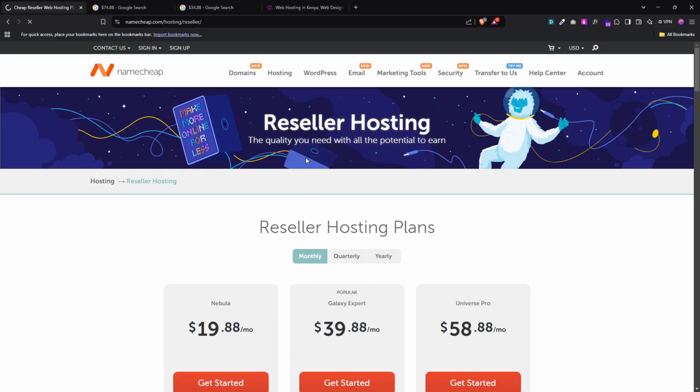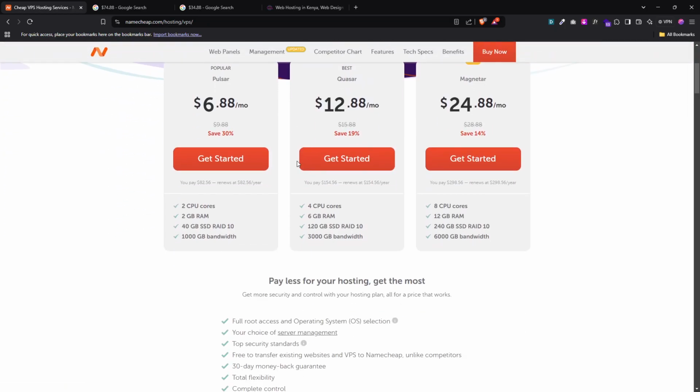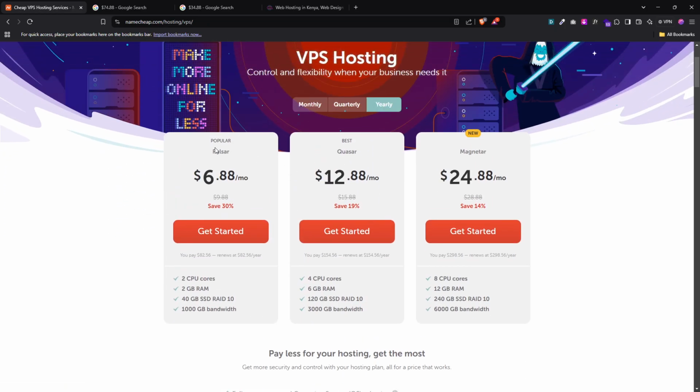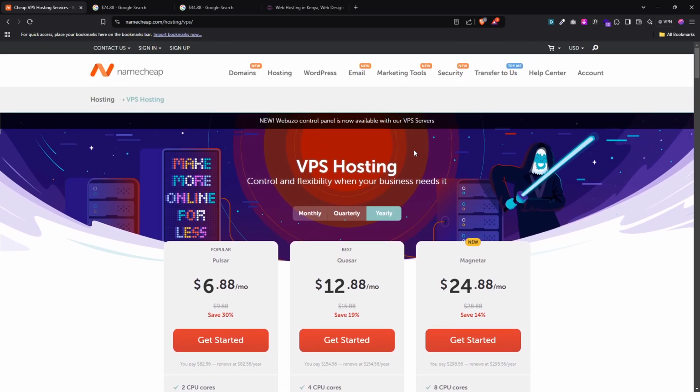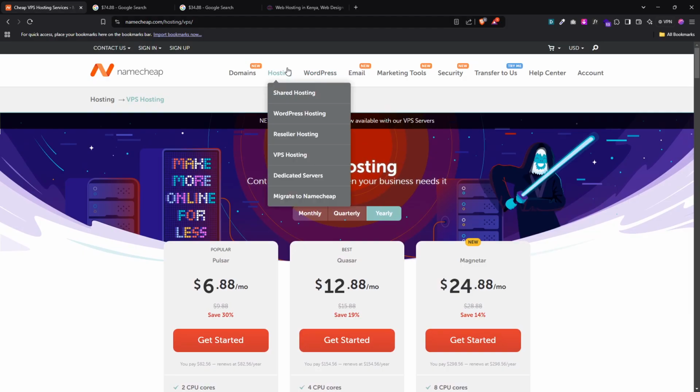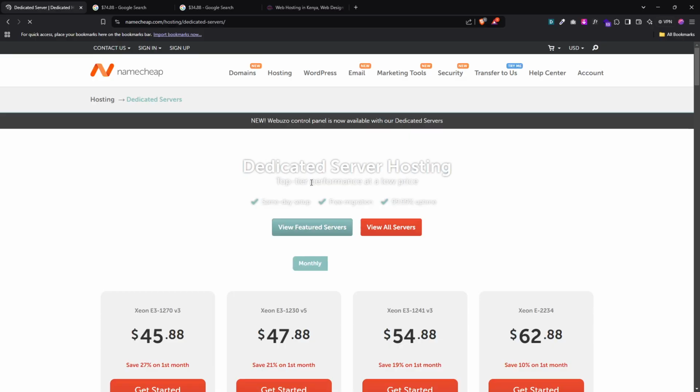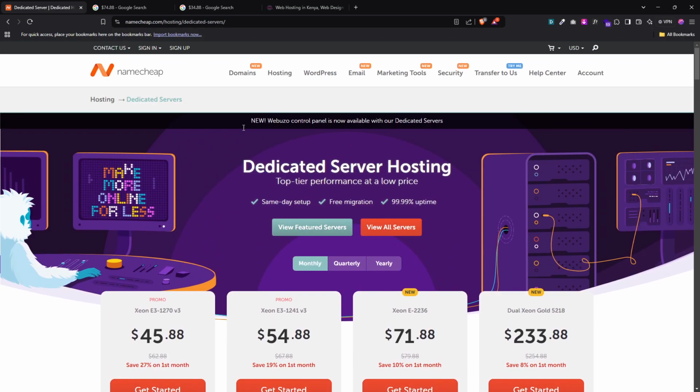After you graduate from that, you go to VPS hosting. I started with Pulsar, I went to Quasar, and I went to Magneta. After you are done with VPS hosting, you can go to dedicated servers. By that time, you will be a pro in these things. So that is how you do it.